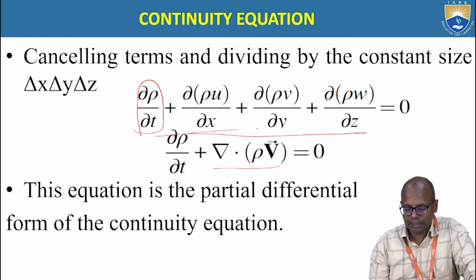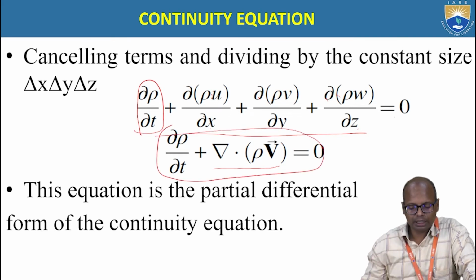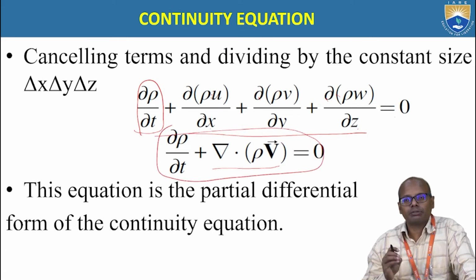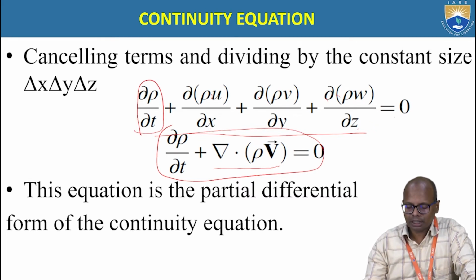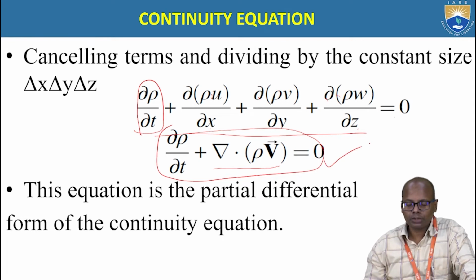So directly we are getting the partial differentiation form of the continuity equation in the conservative form. Okay, it is the conservative form and partial differentiation form.